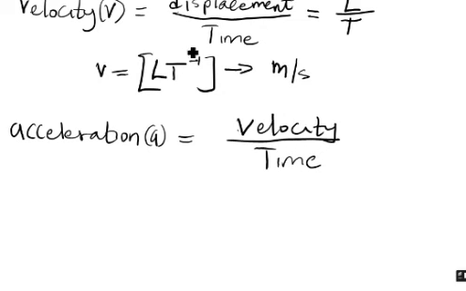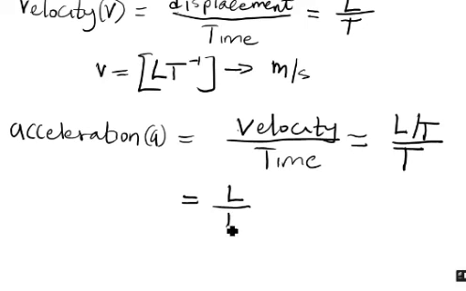And velocity from here we see as L over T. So this will give me L over T, all over T. So I'll see it as L all over T squared.